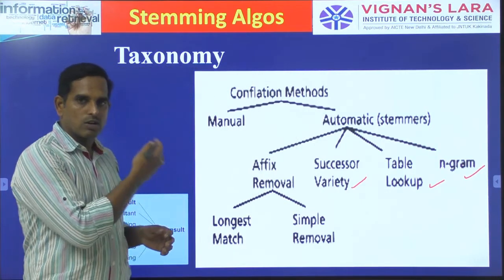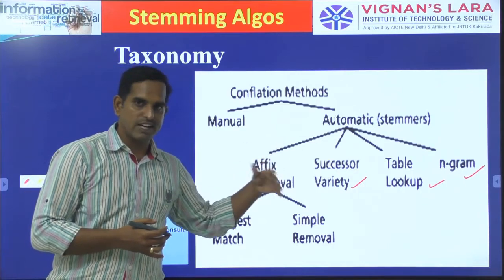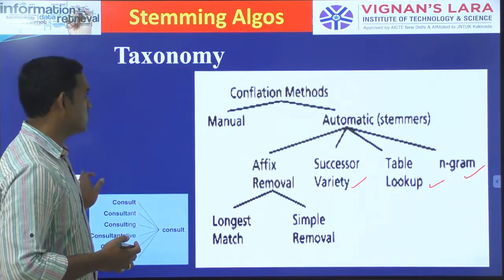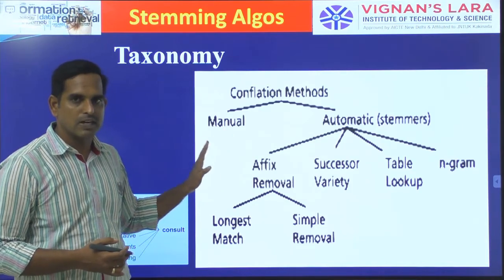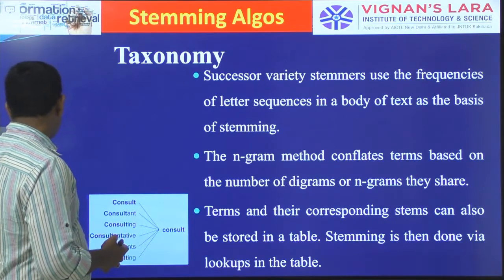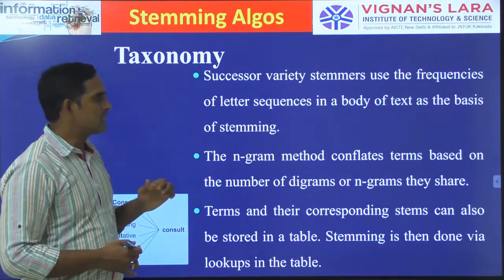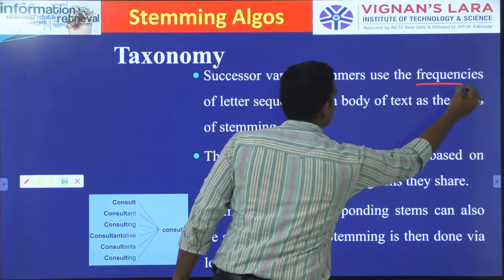We will look at all these different types of automatic stemmers in further sessions. For the time being, know that these are the various stemming algorithms used as part of an information retrieval system.